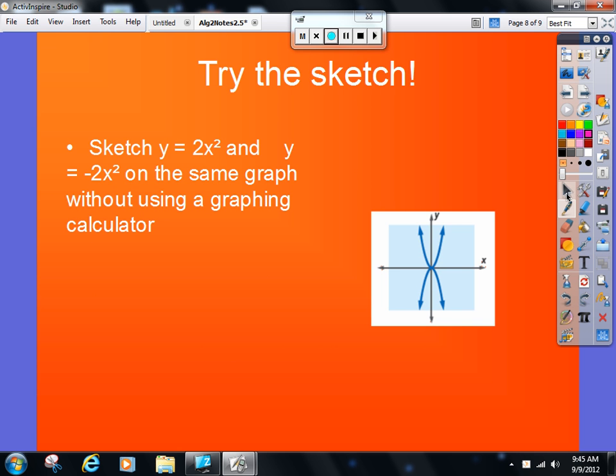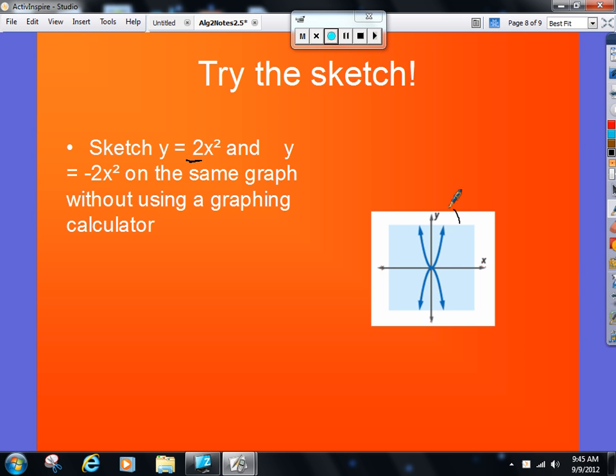Okay, we are going to sketch this without using a graphing calculator. Okay, you will find some things from doing the activity, such as if it is a positive number, we are looking at a graph that looks like this, not this way. We're going to have a smiling graph, not a frowning graph, because it is positive. Positive people are usually smiling. So we're going to graph this first one here, y equals 2x squared.